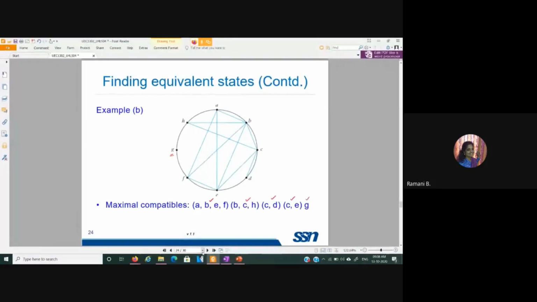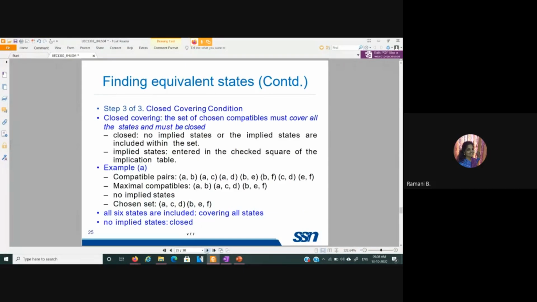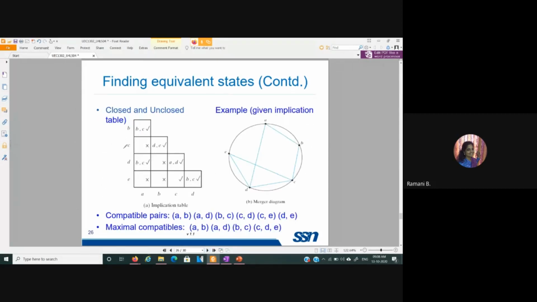We have another example also for this closed covering condition. Let us consider this. This is the implication table for some example. We don't know what the example is. It had 5 states, so the first state was left out in the row and the last state was left out along the column.